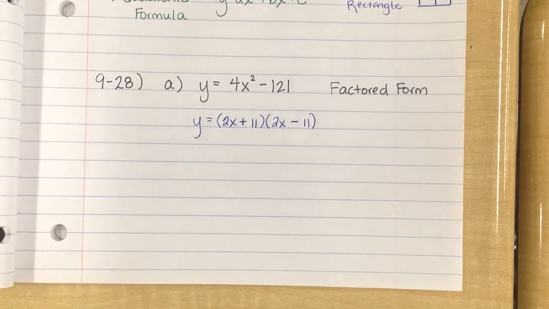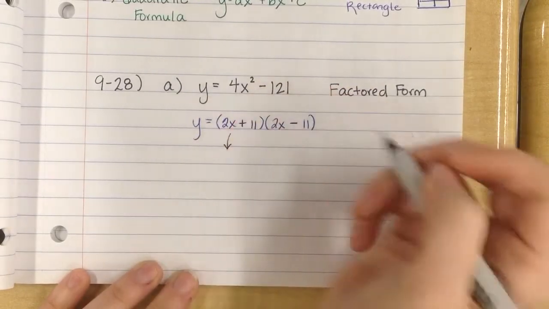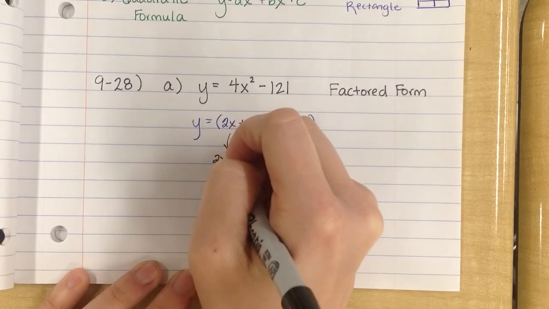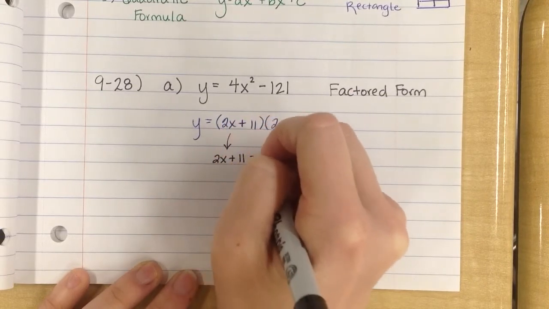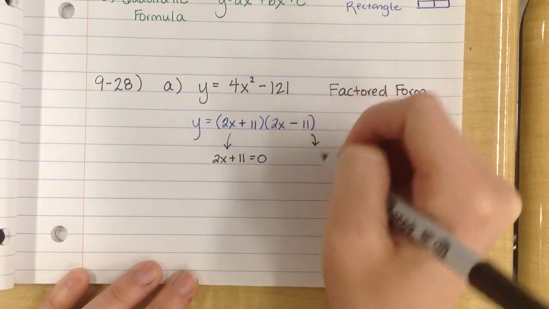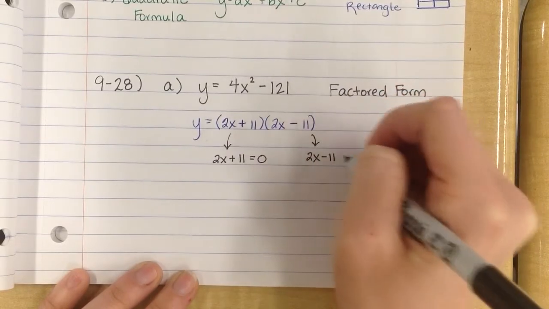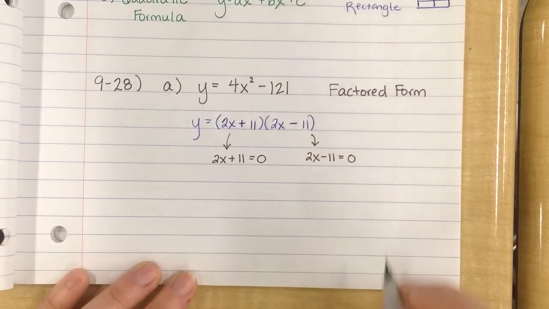Now if we need to solve for the roots, we would use the ZPP, zero product property. We take 2x plus 11 and set it equal to 0, and 2x minus 11 and set it equal to 0.